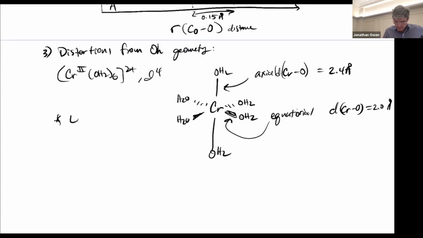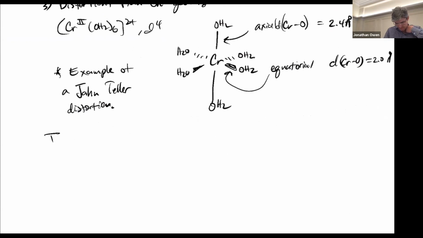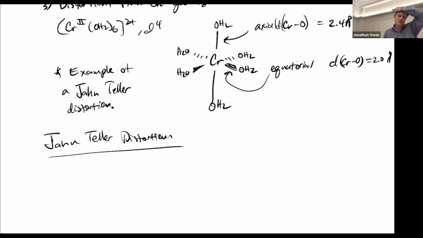This is an example of what's called a Jahn-Teller distortion. What is that? Jahn-Teller distortion results when a molecule can actually save energy by distorting.